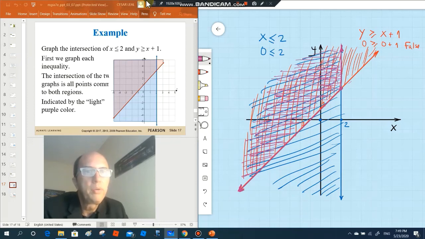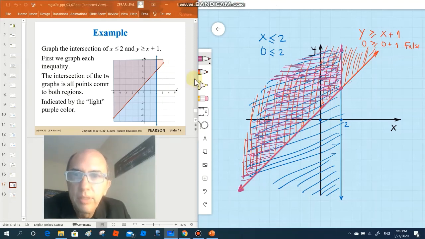And remember, we are representing just a small piece of the graph here, and it's always important to remember that this goes all the way to infinity. Sometimes you cannot see this on the graph or on the PowerPoint, but this actually goes all the way to infinity. This purple representation here is everything that's red and blue, so it is the intersection.